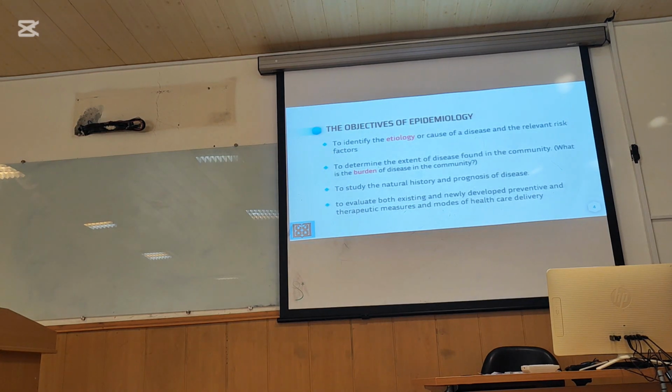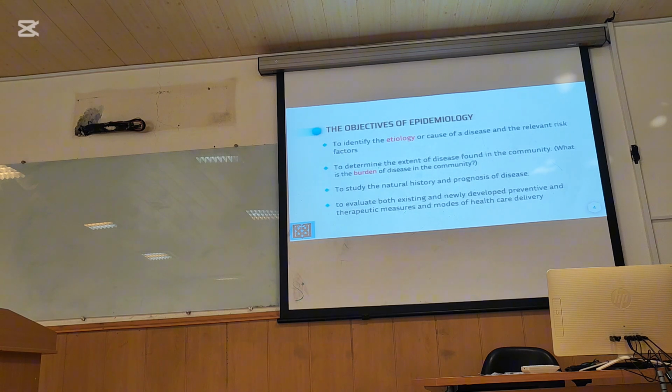When we want to estimate an association between two factors, for example, an exposure and an outcome, like smoking and breast cancer, smoking and lung cancer, you need some specific indices to assess an association.